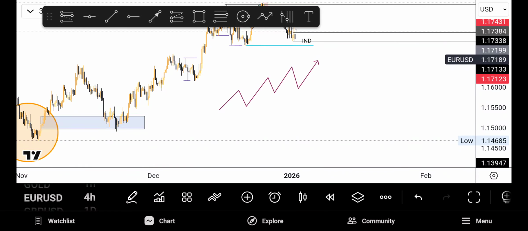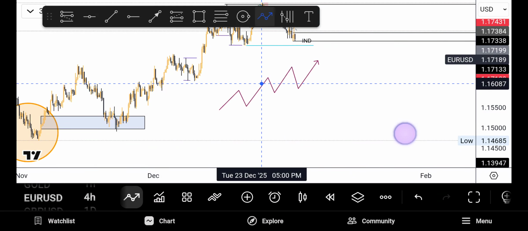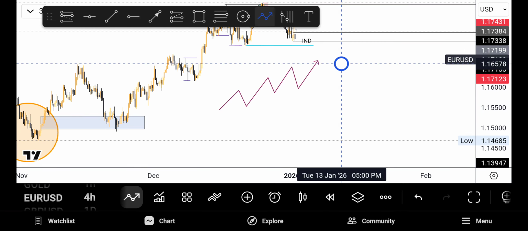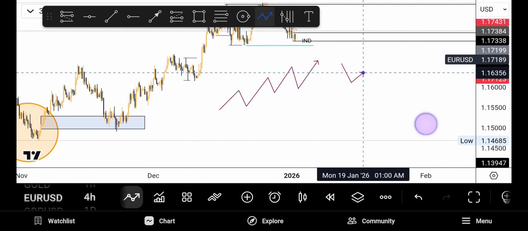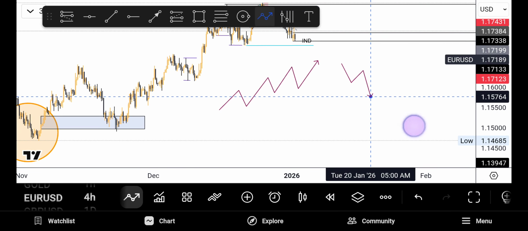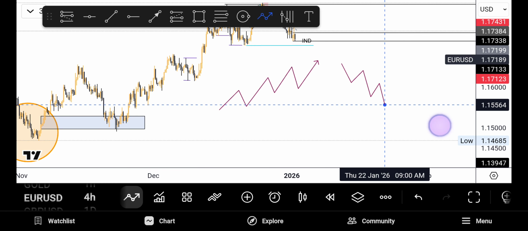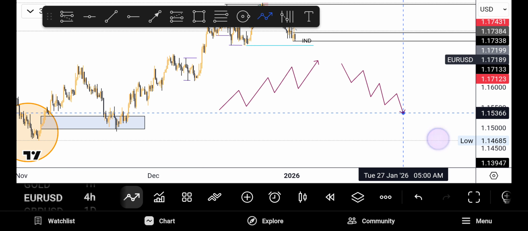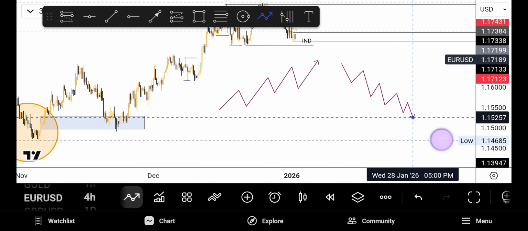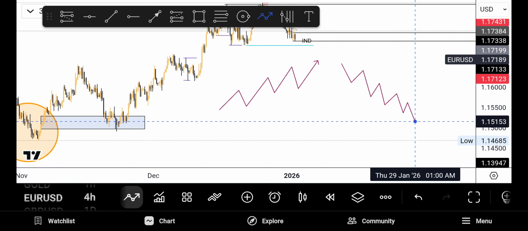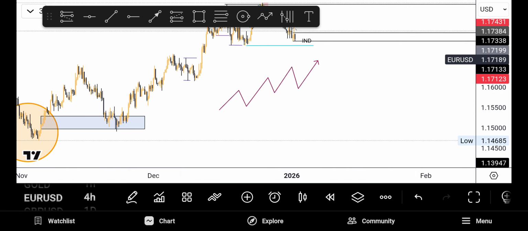While a bearish trend consists of lower lows and lower highs.